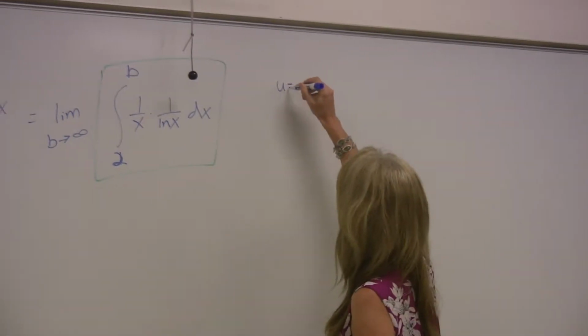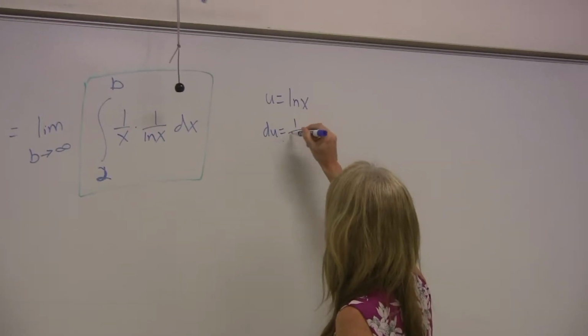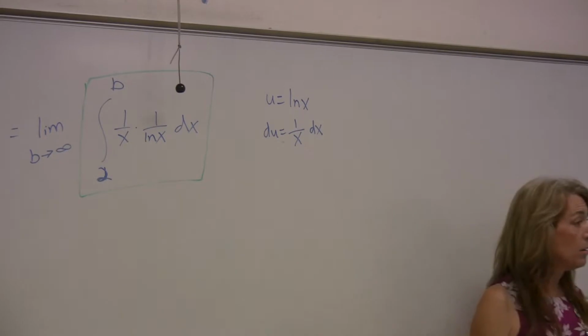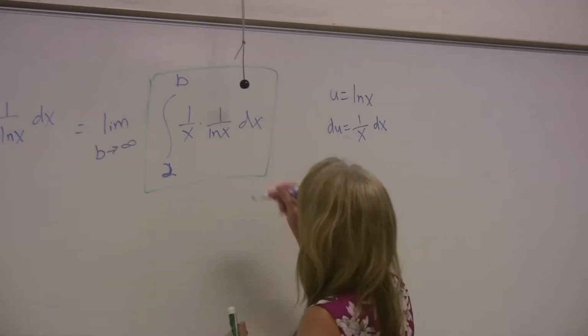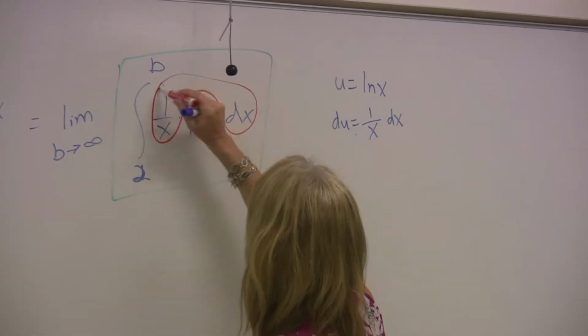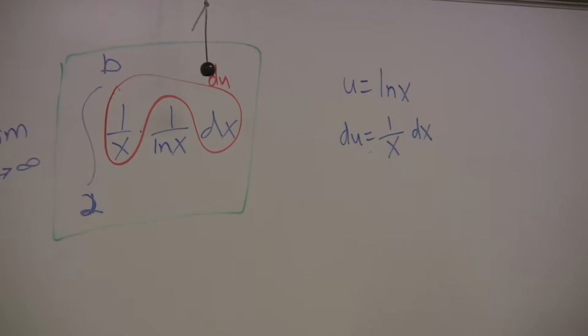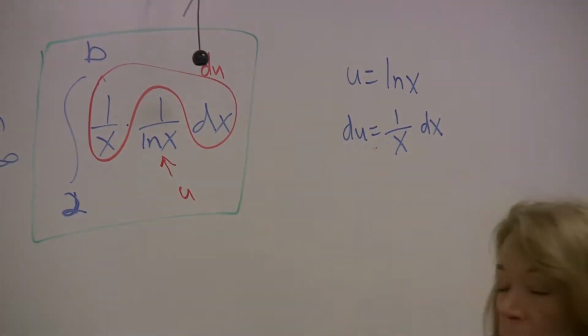So we could use u equals ln x, then du is 1 over x dx. So this part right here, that's my du, right? And this right here is what I chose for u.